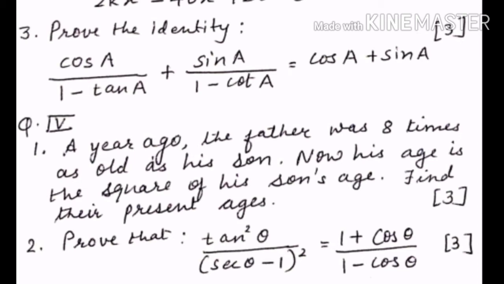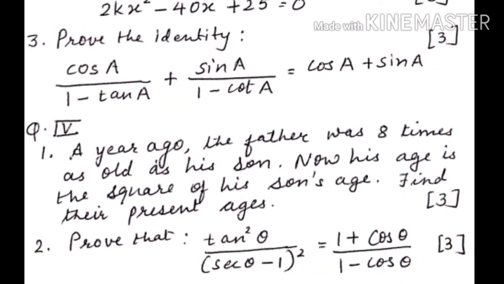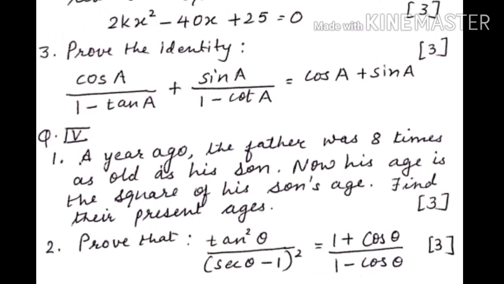Father was 8 times as old as his son. So father is x, so x is equal to 8y, or like that you have to put the value.